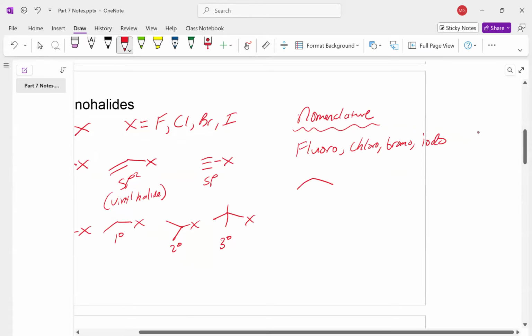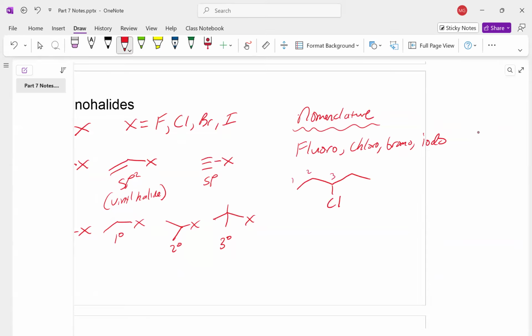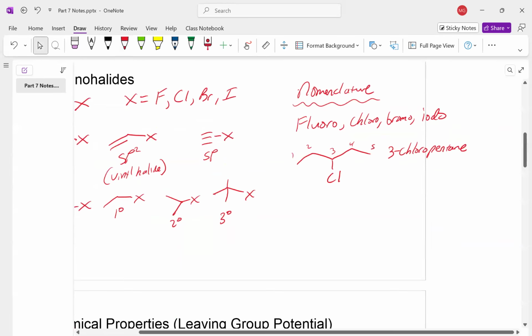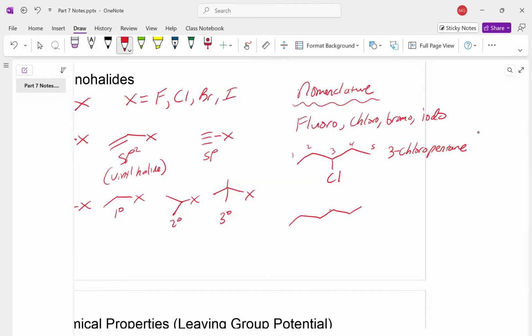So, for example, something like this. Here the chlorine is on the third carbon, so we call that 3-chloropentane. Don't forget that if the substituents are on a chiral center, you do need to name the chiral center.